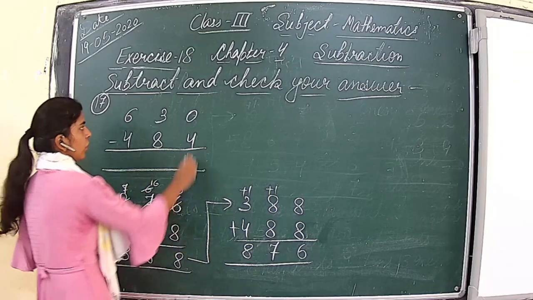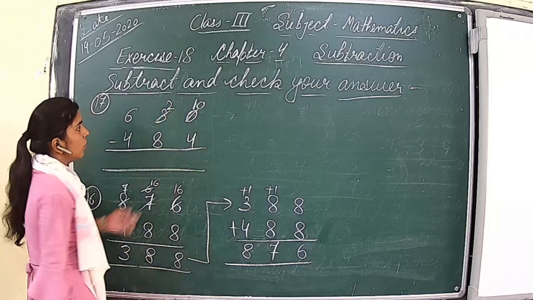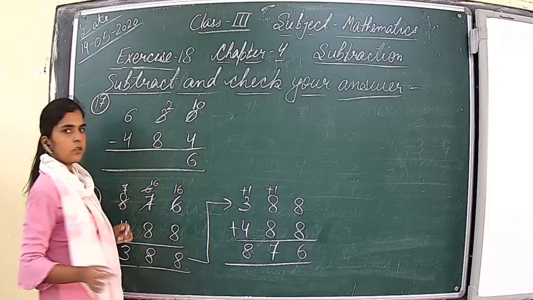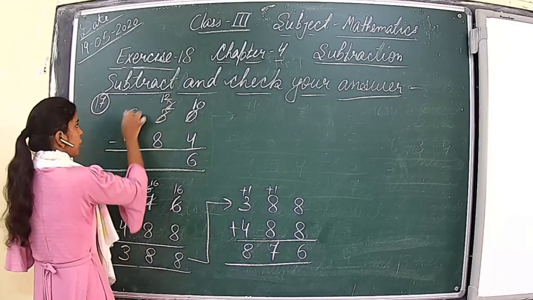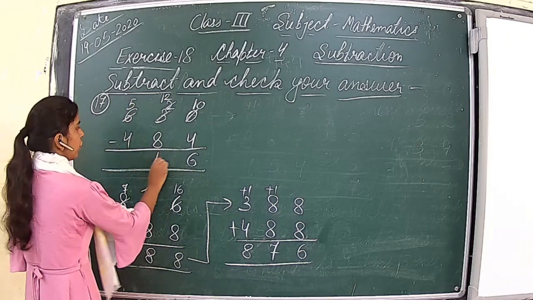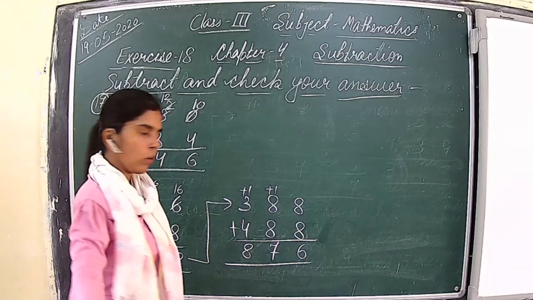So we will take one borrow and 0 will become 10 and 3 will become 2. 10 minus 4, 6. Now 2 minus 8, not possible. So we will again take one borrow. This 2 will become 12 and this 6 will become 5. 12 minus 8 is equal to 4 and 5 minus 4 is equal to 1. Okay, so what is the result?